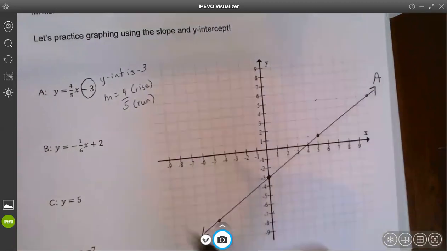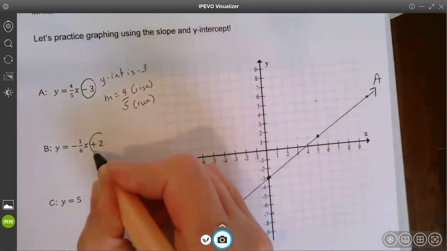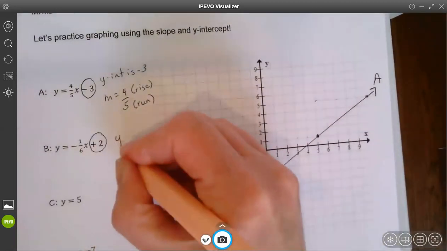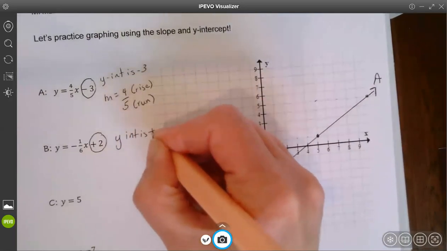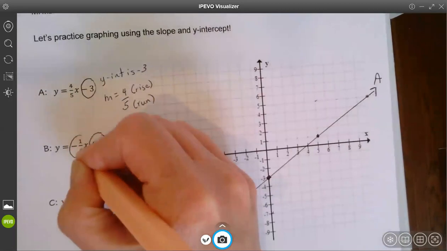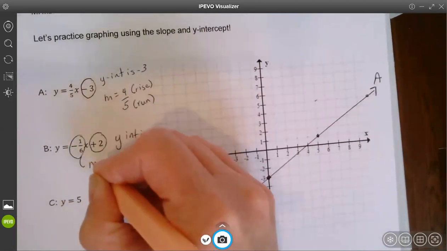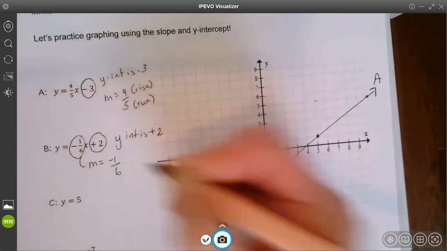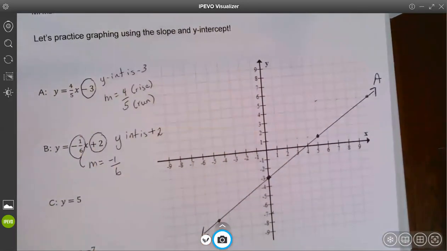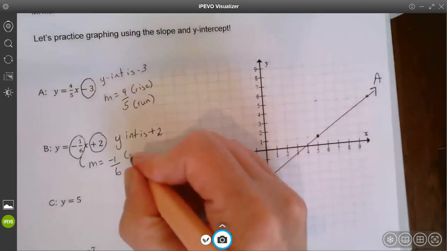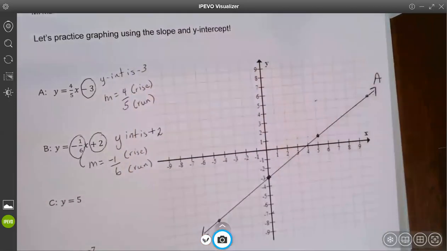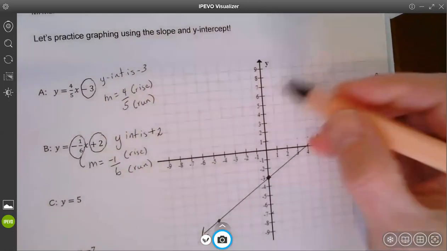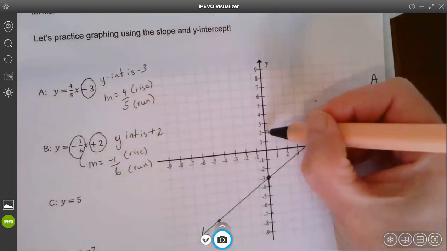And now we're going to move on to the next one. The y-intercept is +2, and the slope is negative. I like to put the negative sign in the numerator so that I have a negative rise, and my run is +6. So I go to the y-intercept, and I find the number 2.